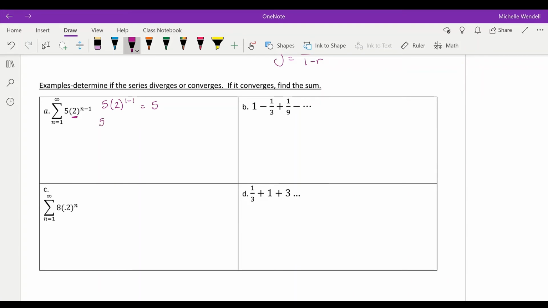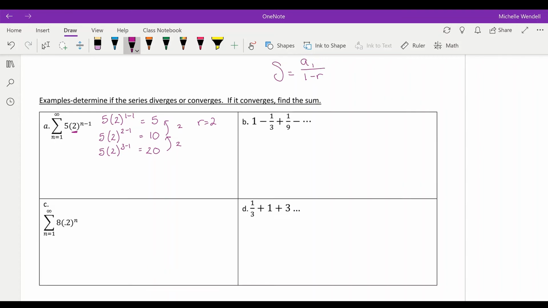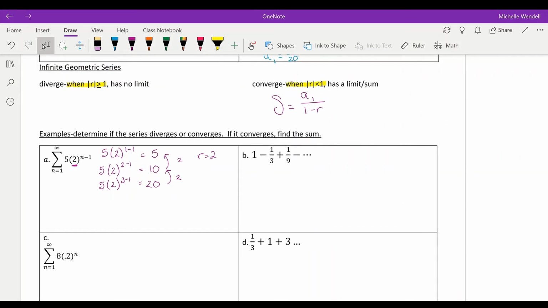So I'm double checking by plugging in, starting with the lower limit, so that 1 minus 1, and then I'll plug in 2 to get 2 minus 1, which gives me this, and then this. So if I find the ratio here, I get 2. So r is 2. Well, if we look at our definition, the absolute value of r is greater than or equal to 1. Yes, it is, which means this is divergent, so it does not have a sum.